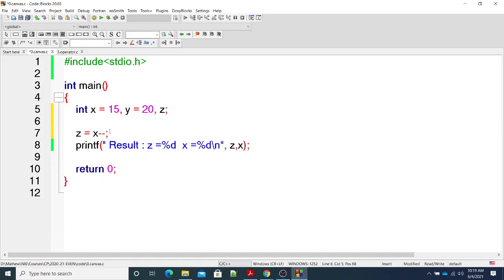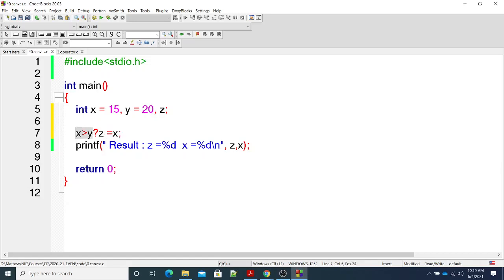So what I do, x greater than y, question mark. So this is my expression 1. Then expression 2, z equal to x.